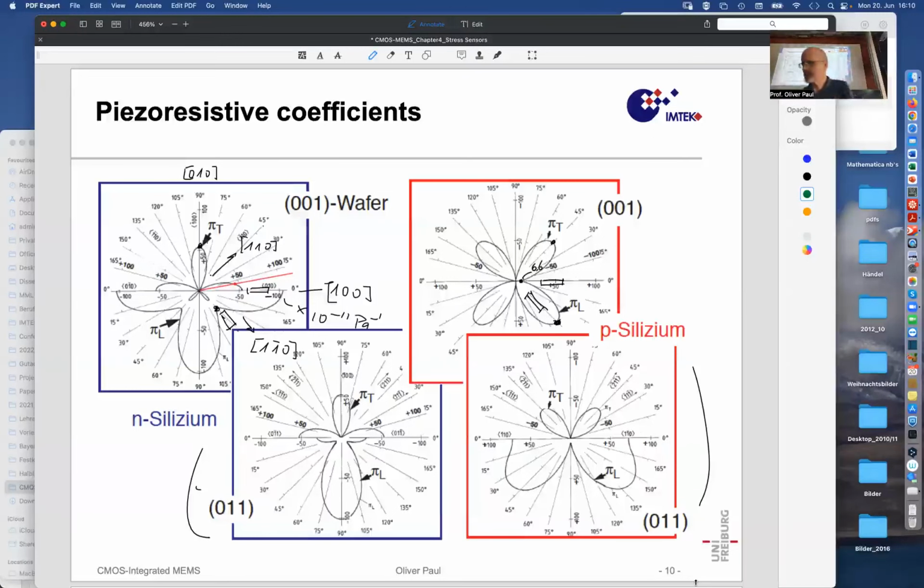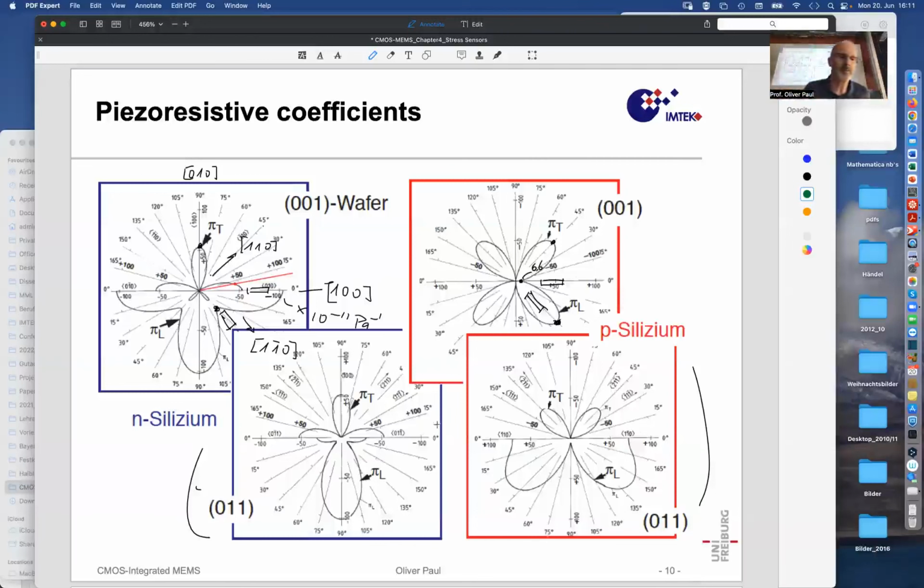We have been talking about stress sensor elements, those resistors that make up piezoresistive stress sensors, and the fact that they depend on the orientation in the crystalline coordinate system. A resistor that is highly sensitive to stress in the longitudinal direction, if oriented along one direction of the crystal, may not be as sensitive if oriented in an inappropriate direction.